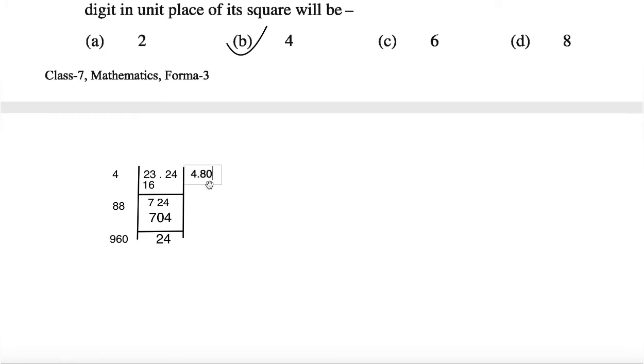Here also add 0. Since 24 is quite less, put double 0 here. No, already point is there, so there is no point in adding zeros. Okay, it's not a regular practice. When this number is quite smaller, then in that case you have to add zeros. Okay, you got the point.